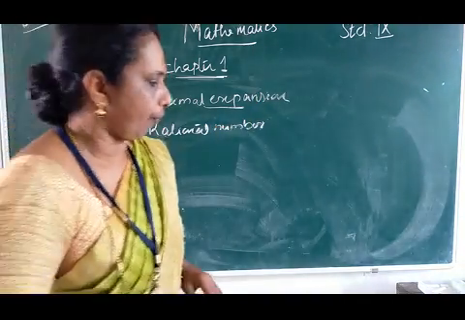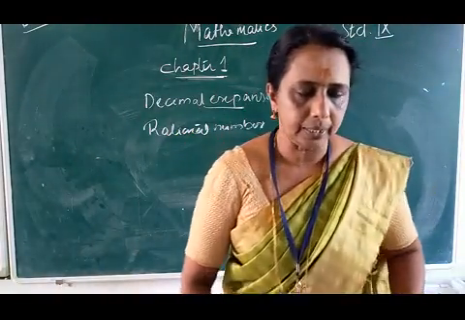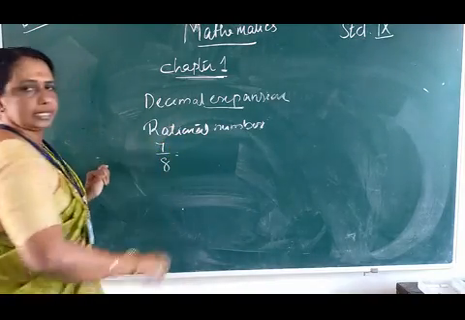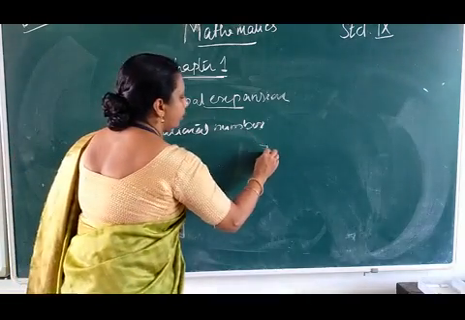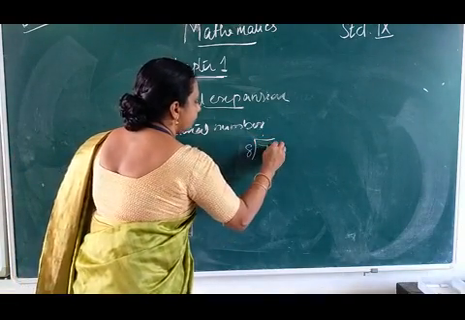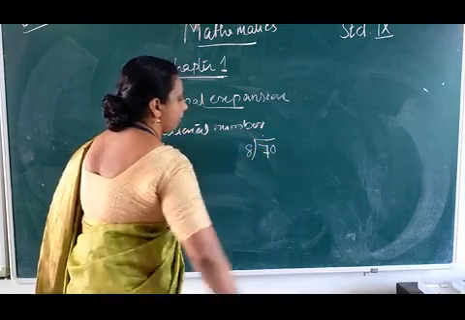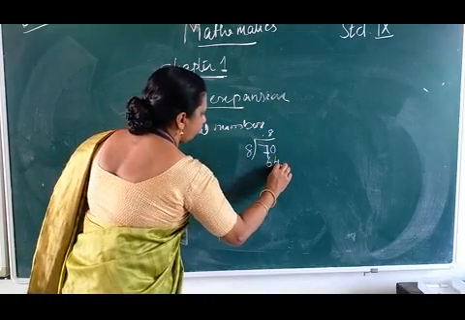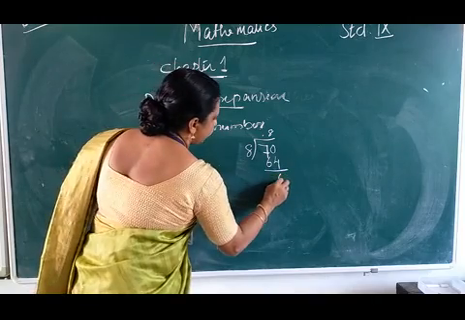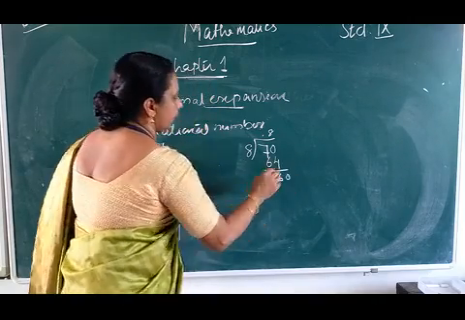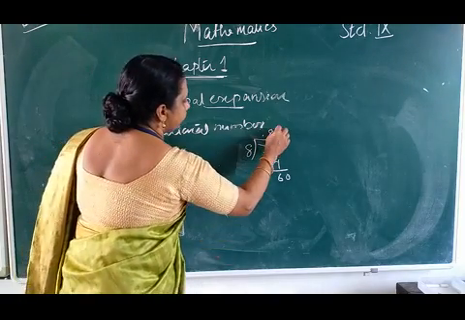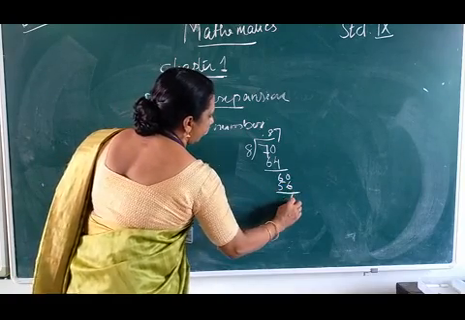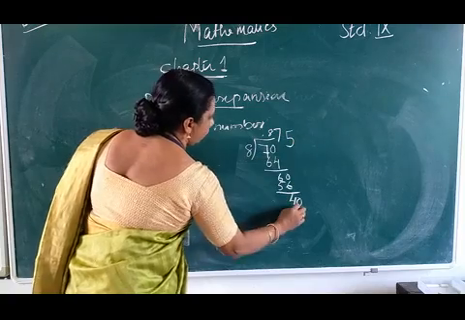Let us take an example of one rational number, that is 7 by 8. We can represent this in decimal form, that is 7 divided by 8. 8 8s are 64, then the remainder is 6, we put a 0 and get 60. 7 8s are 56, then 4, put a 0, 40. 8 5s are 40.